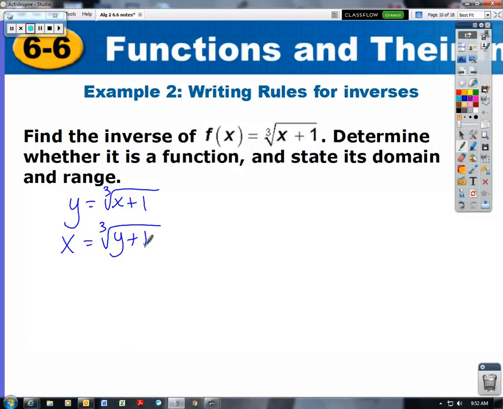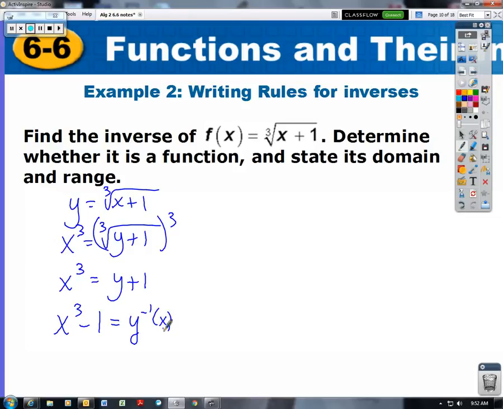And then you solve for the new y. So we undo a cube root by cubing. So I get x cubed equals, the cube undoes the cube root. We're left with just the y plus 1. And then we subtract the 1. And we write the y as y inverse. Remember y to the negative 1.